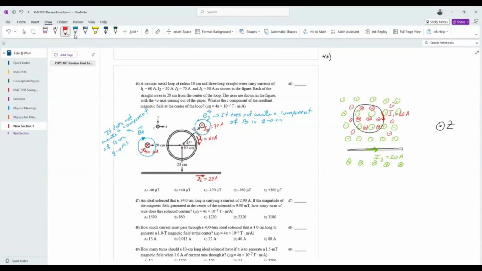So the resultant magnetic field at the center of the loop will be equal to the magnetic field due to the current 2 minus the magnetic field due to the current 1.